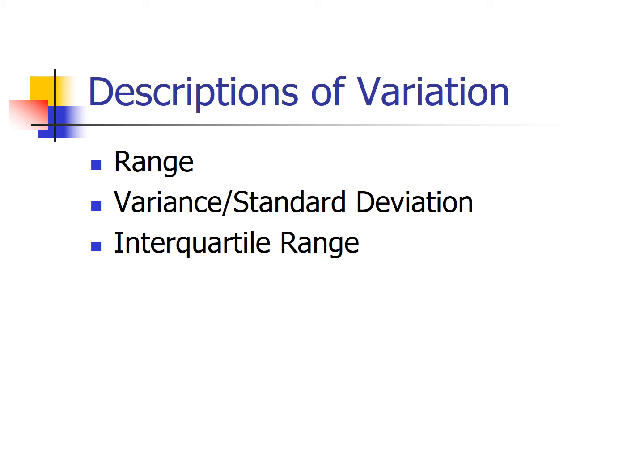There are three common ways of measuring variability. The first is the range. We'll talk about what that is in a second. The second is variance / standard deviation. We'll see that they're related to one another, which is why I put them on the same bullet point. And the third one is the interquartile range.